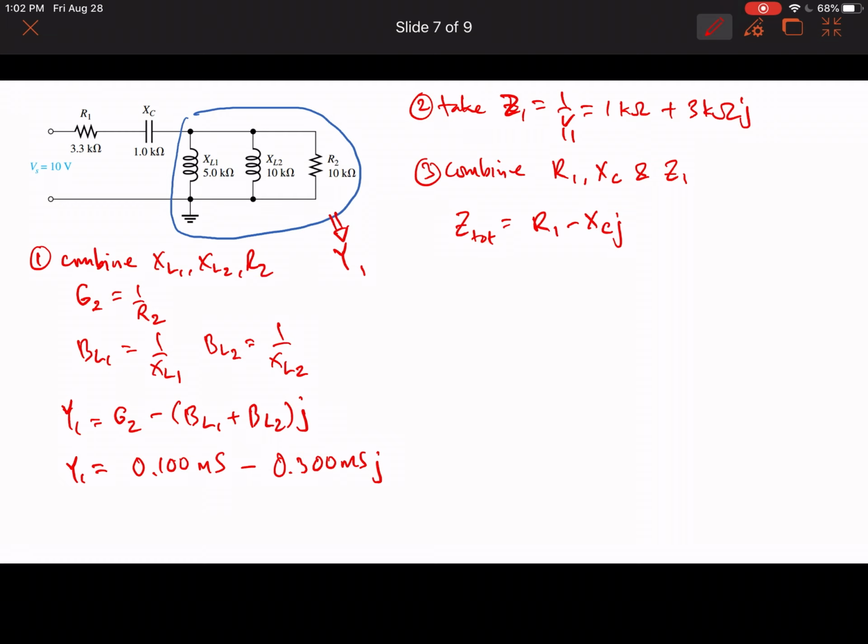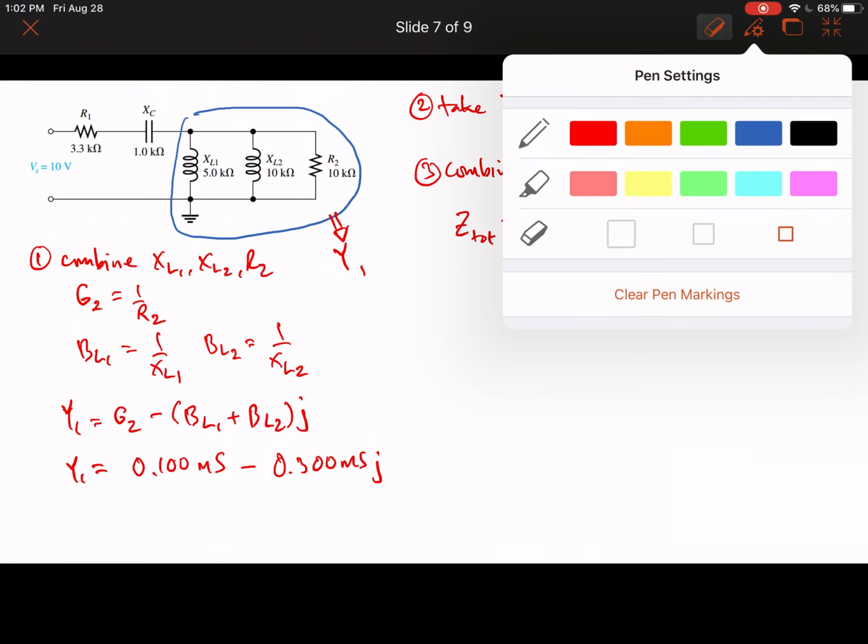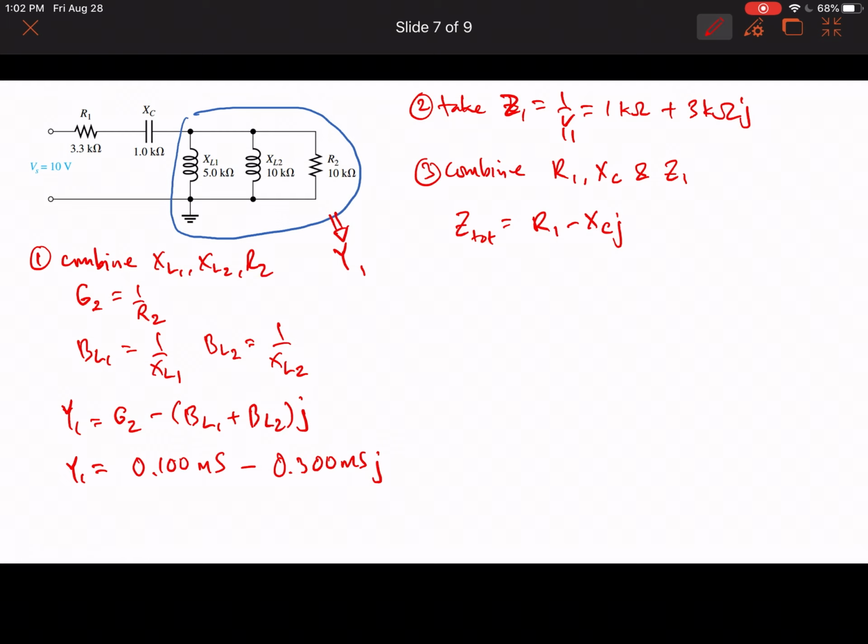Why is that a minus sign? Recall that Z is equal to R plus XL minus XCJ. And that is why we have a minus sign there. And then simply we add this with Z1. So Z total will give us 4.3 kilo ohms plus 2 kilo ohms J hat.